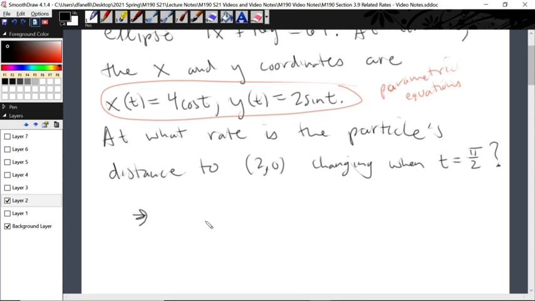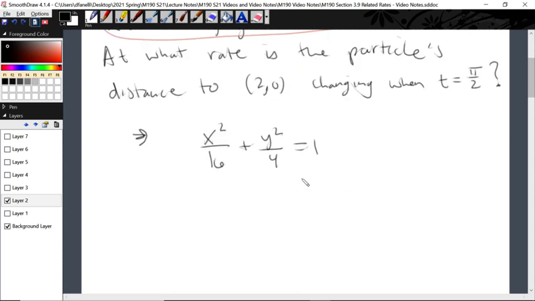So dividing everything by 64, we would get x squared over 16 plus y squared over 4 is equal to 1. Since the denominator on the x term is greater than the denominator for the y term, we might remember that the ellipse is going to be stretched out along the major axis, which will be the horizontal x-axis.